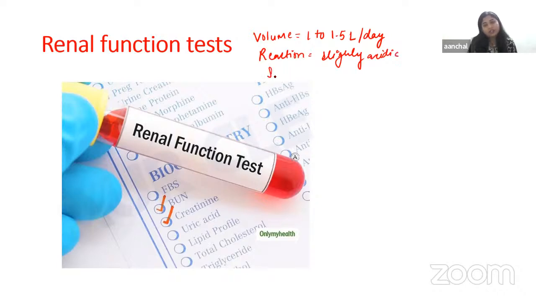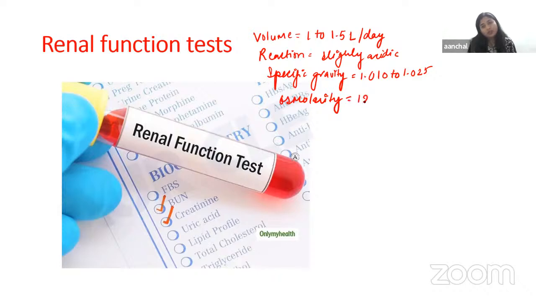Then specific gravity is around 1.010 to 1.025. Then we have osmolarity, which is 1200 to 1500 milliosmoles per liter, and the color is straw color.